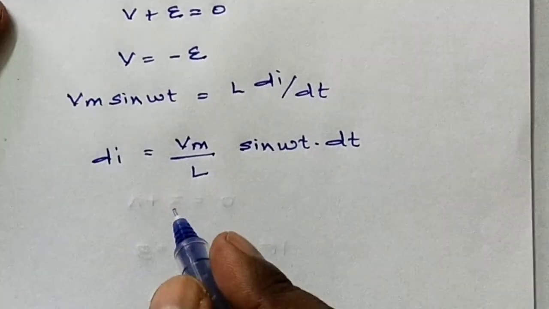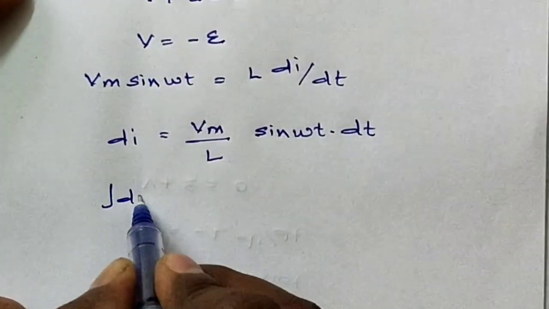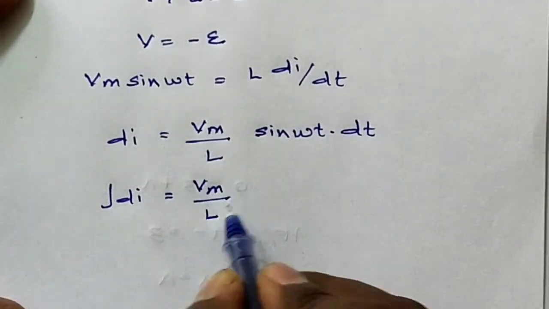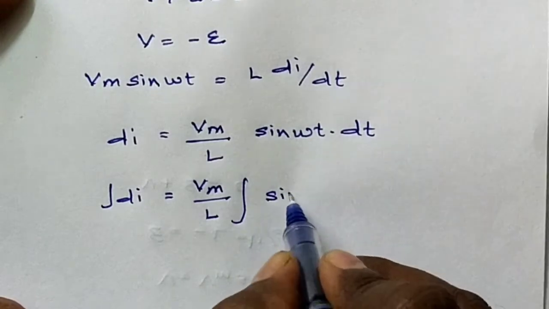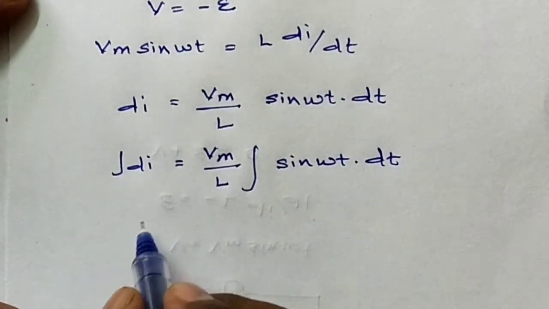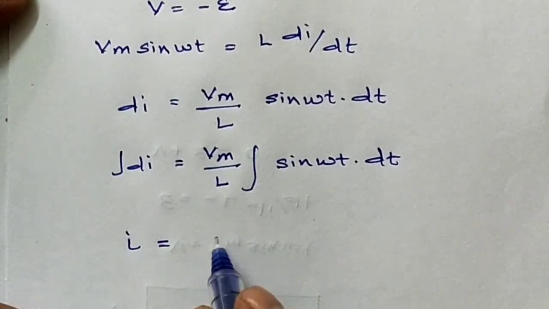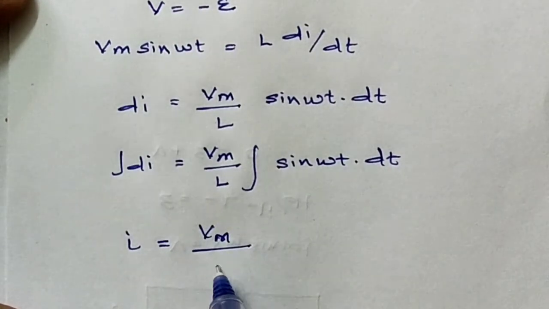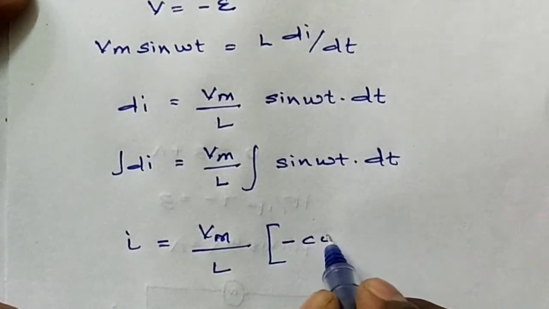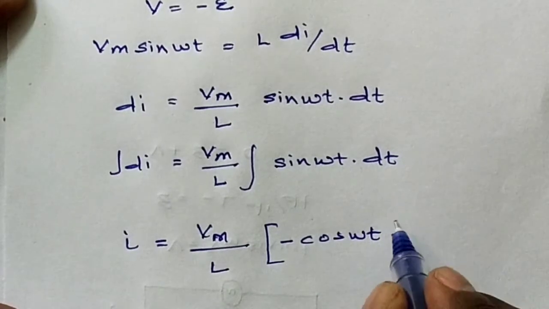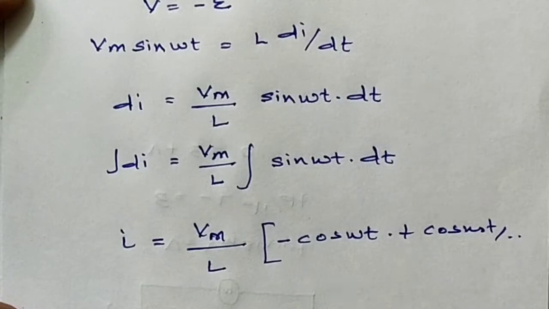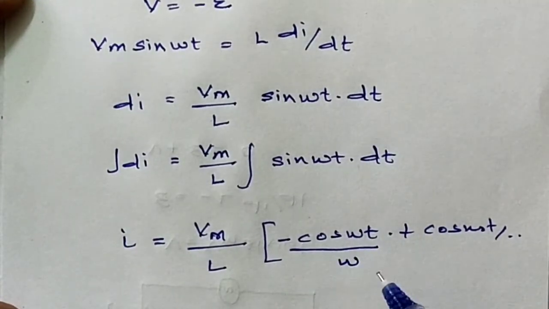Integrating both sides, the integral of di is I. The constant value is taken out of the integral: Vm by L times the integral of sin omega t dt. The integral of sin omega t is minus cos omega t divided by omega, plus a constant.